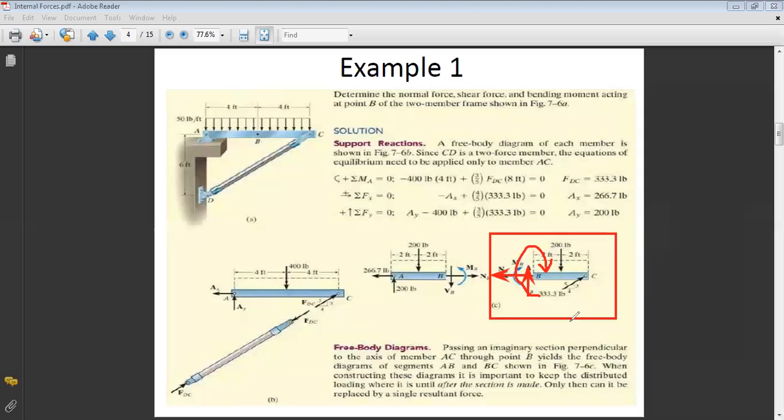Okay, so now if I select this part, for example, and I want to calculate VB, I do the same procedure. I have sum of y equals 0.